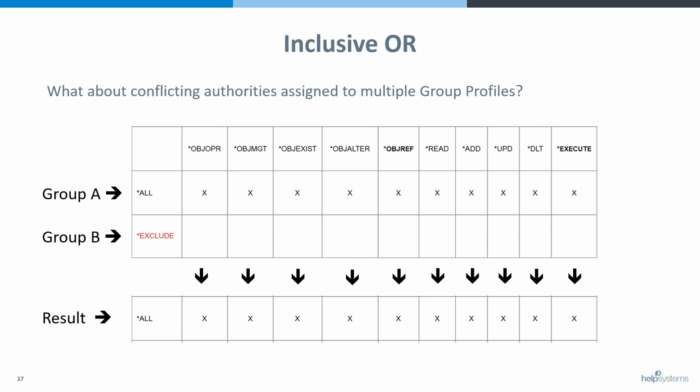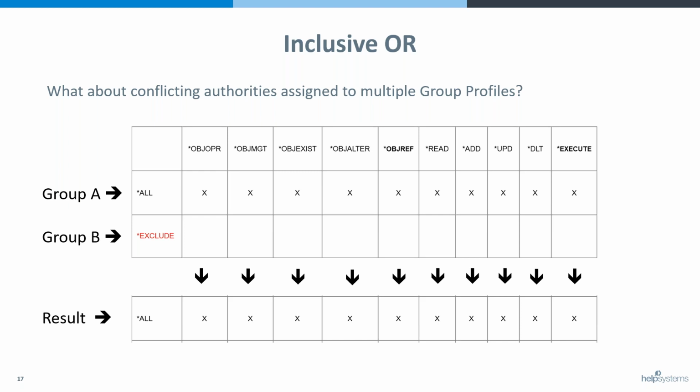With multiple group profiles, understanding that a user can belong to up to 16 total groups, we have to understand that it's an inclusive OR relationship between the groups. And to help paint a picture, I've drawn out here where a user belongs to group A and group B. In the case of group A, they have all permissions to a file. And group B is specifically excluded from the file.